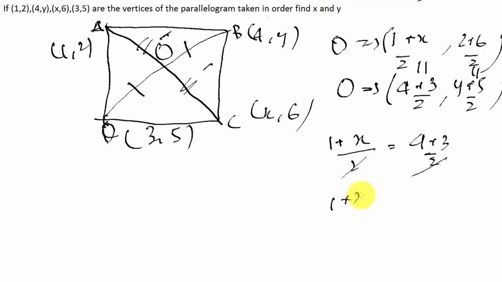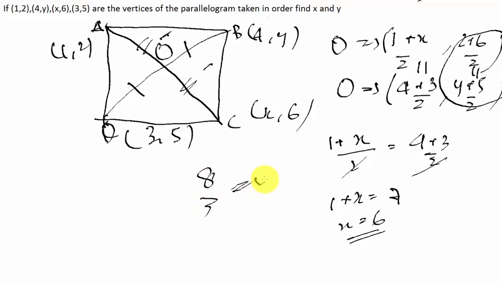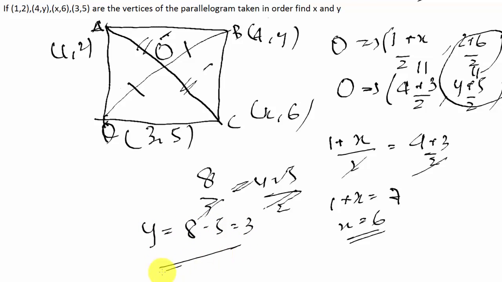That means 1 plus x is equal to 7, x is equal to 6. Voila. Now this is also equal, which basically means 8 by 2 is equal to (y plus 5) by 2. Okay, now let's just cancel the 2 out, and then you get y is equal to 8 minus 5 equal to 3. Voila.